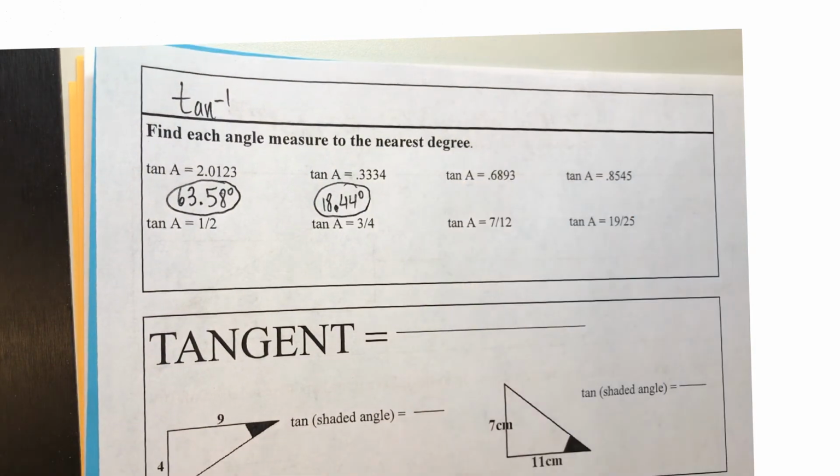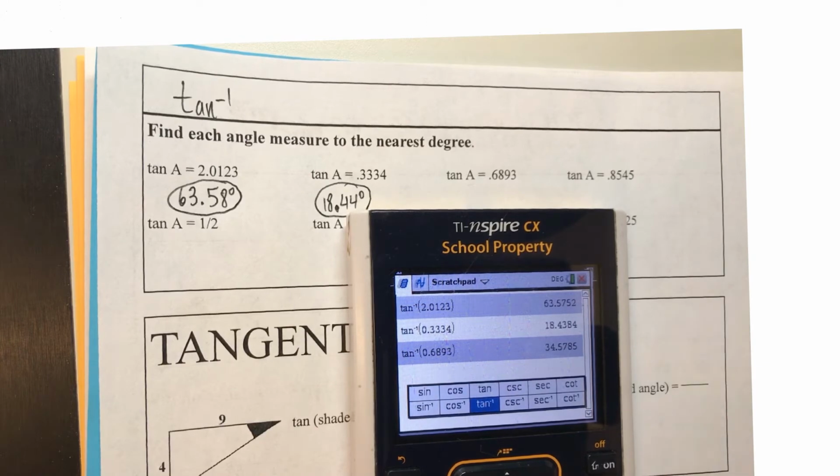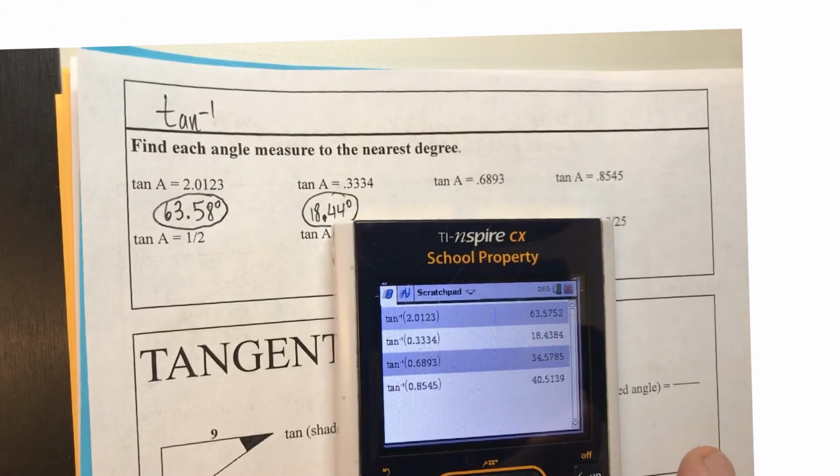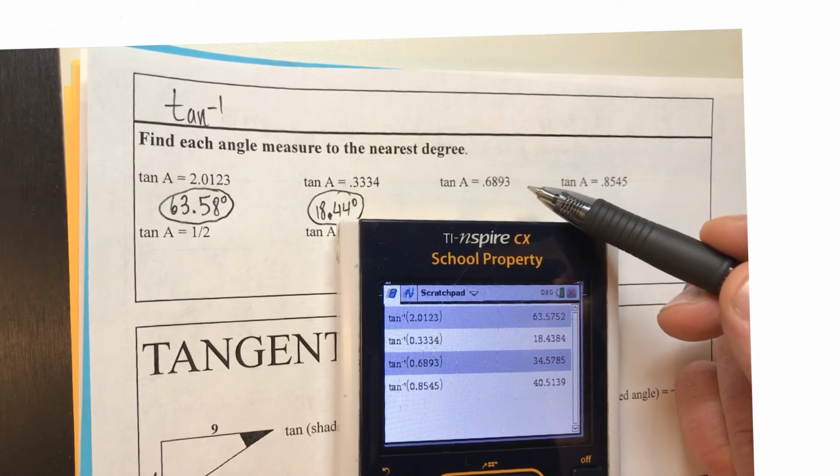Find out how big each of those angles are.